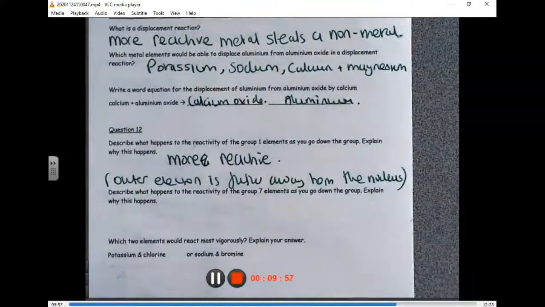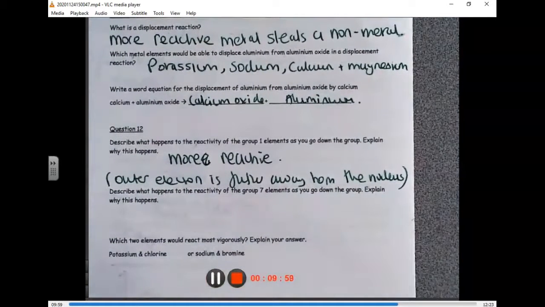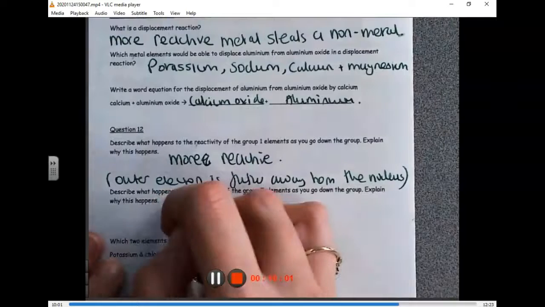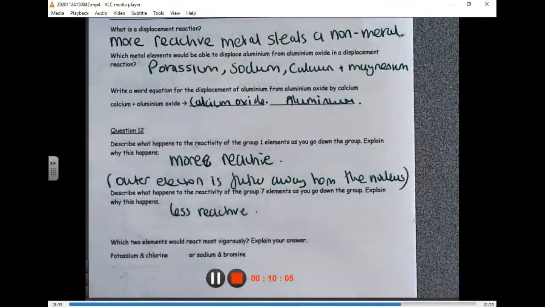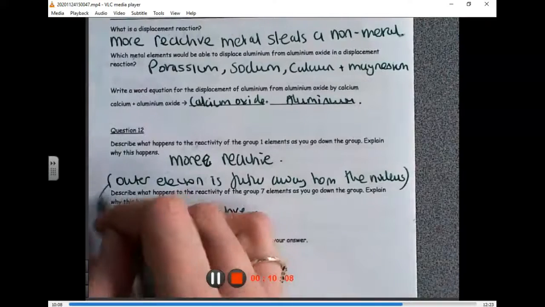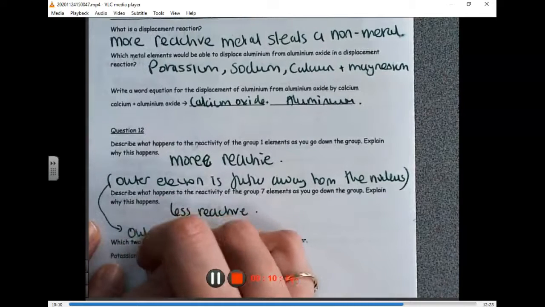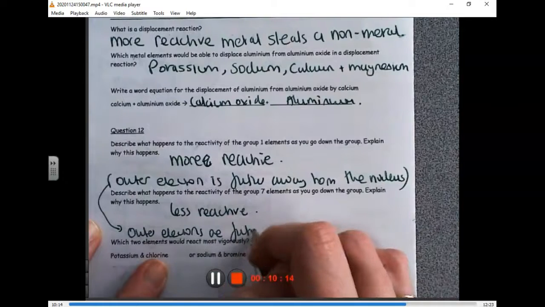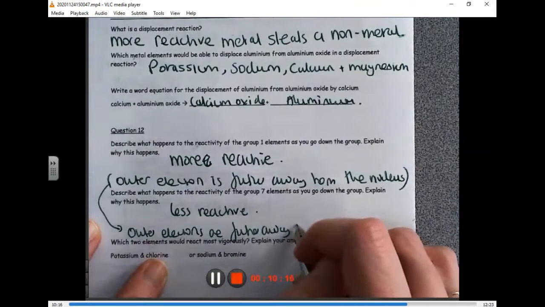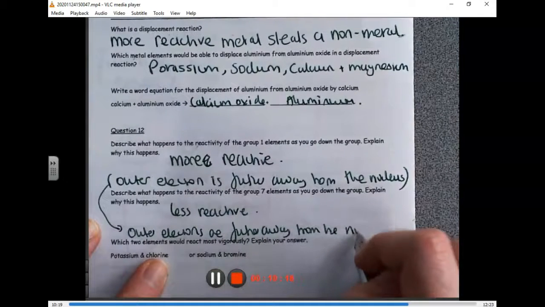Okay? Describe what happens to the reactivity of group 7 as you go down the group. They get less reactive. That's the same reason, that outer electrons are further away from the nucleus.